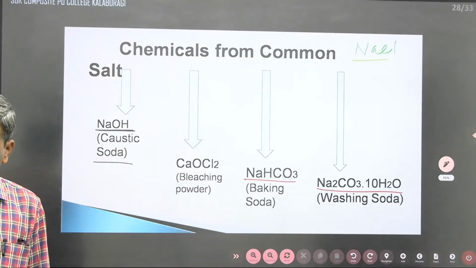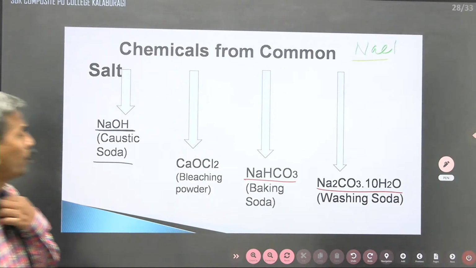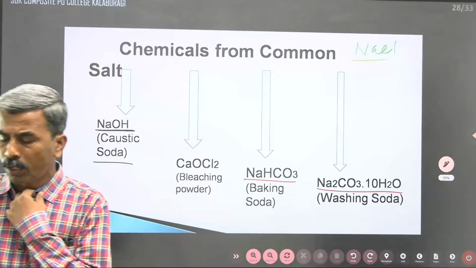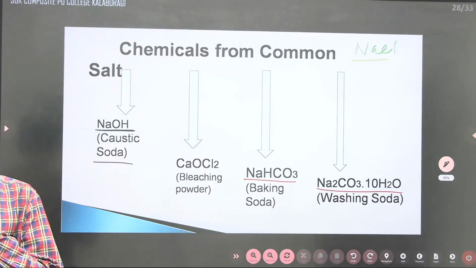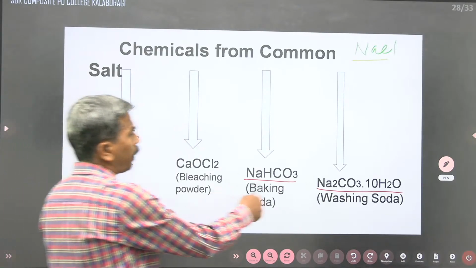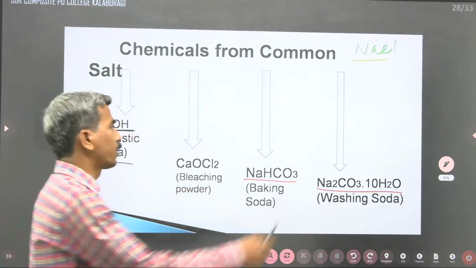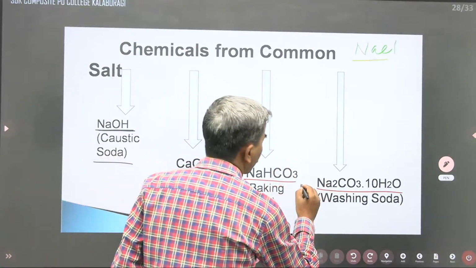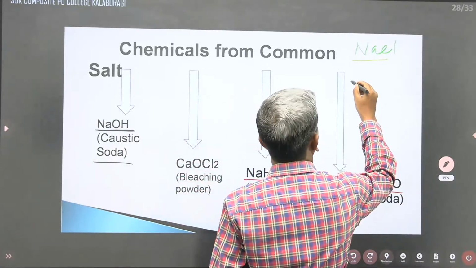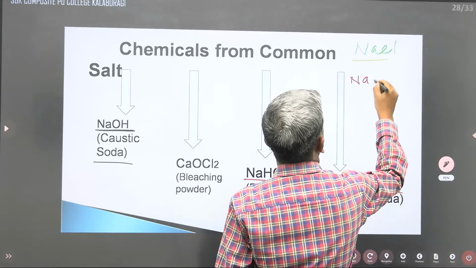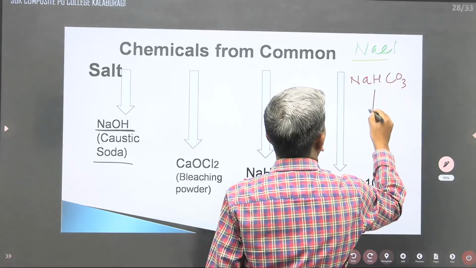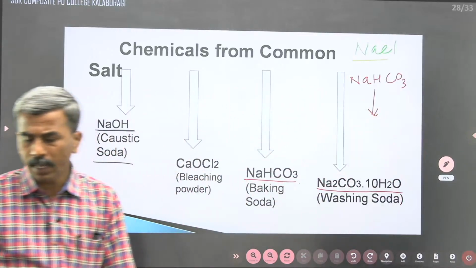Now, first, let me go with the equation, how we are going to get this baking soda, how it is going to be obtained. Using this sodium bicarbonate, NaHCO3, just heat it, just supply energy.